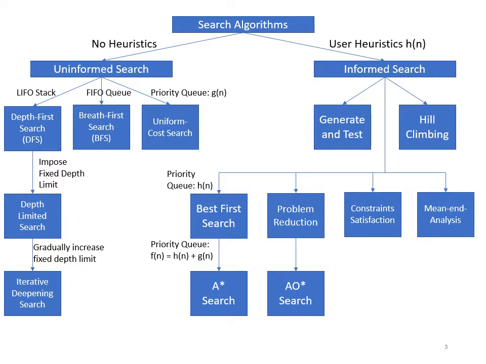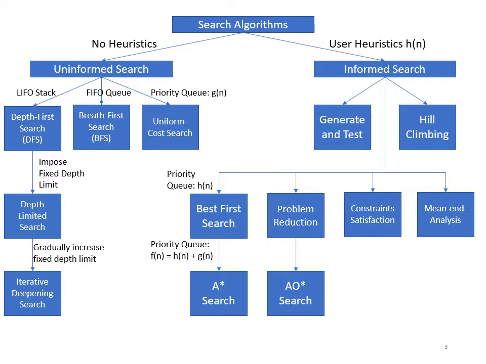So there are several search algorithms in artificial intelligence. They are classified mainly into two types: uninformed search and informed search. Uninformed search has no heuristic function, and informed search contains a heuristic function. The main function of a heuristic is to improve the search efficiency. But uninformed search doesn't contain any heuristic function.